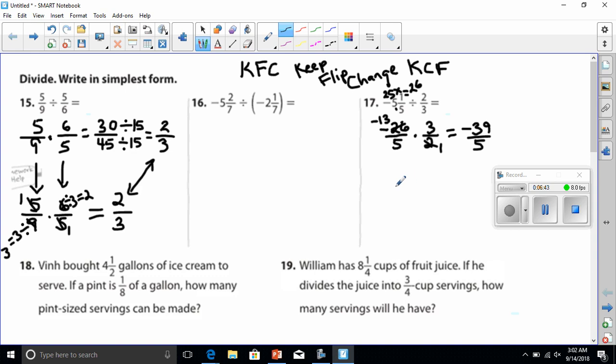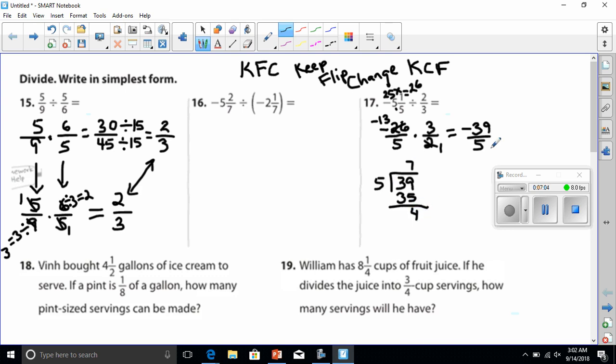So let's work that out over here. If I take 39 and divide it by 5, I see 5 goes into 39. Well, I know 5 times 7 is 35. And I have a remainder of 4.